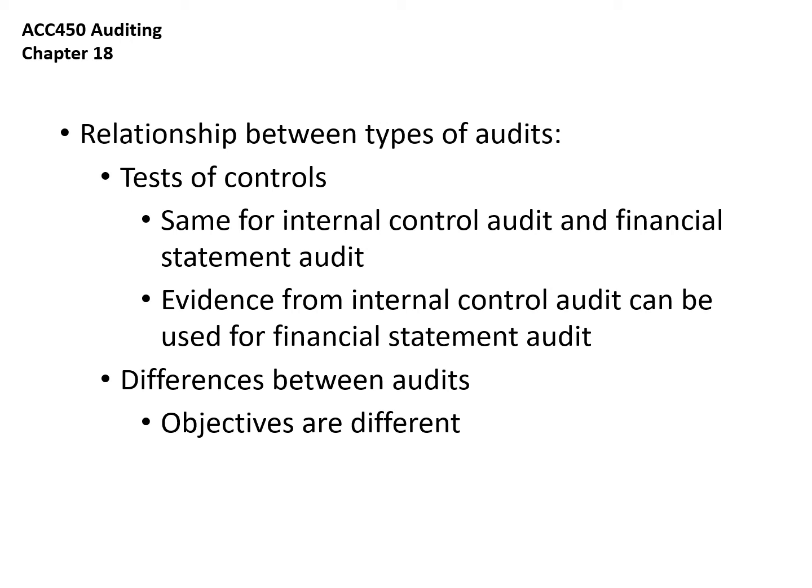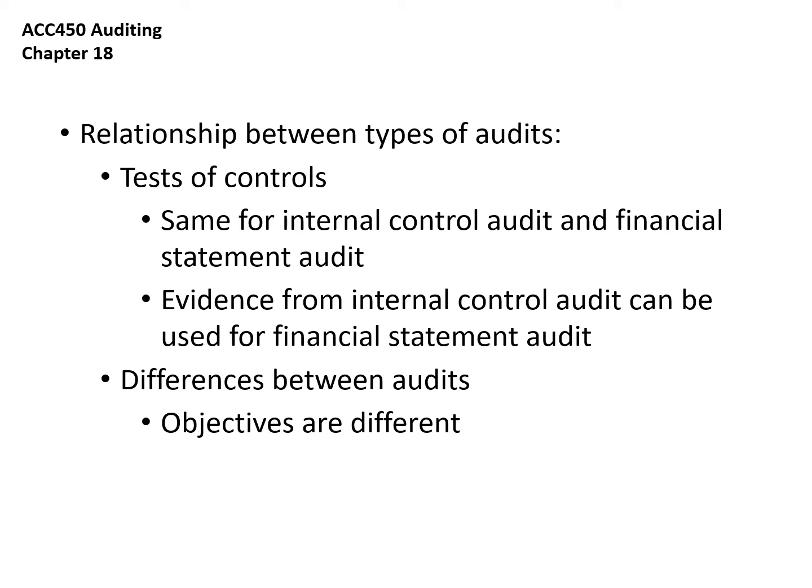The key thing that's different is the objectives are different. So in the financial statement audit, I'm looking at internal control from the aspect of how much can I rely on that in determining how many substantive tests I need to do. I have to do substantive tests, but whether I do a small number of them or go do a deep dive is going to depend on the extent to which I can rely on their internal control, if it's designed effectively and operated effectively.